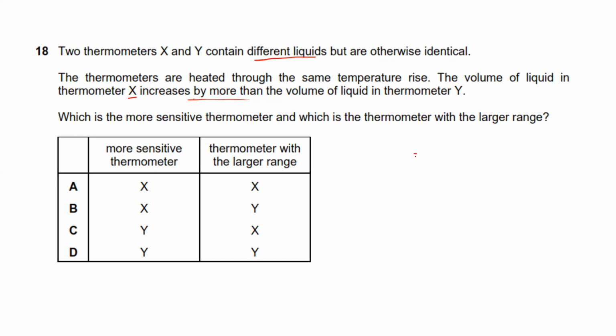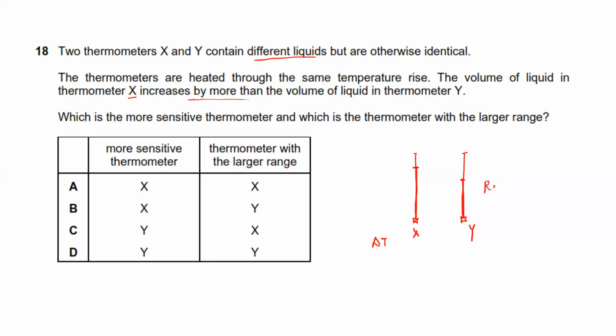So for example, this is thermometer 1, and say this is thermometer 2. For the same delta T, this is X, this is Y. So X has risen up to this, and Y has risen up to this. Which is the more sensitive thermometer, and which thermometer has the larger range?